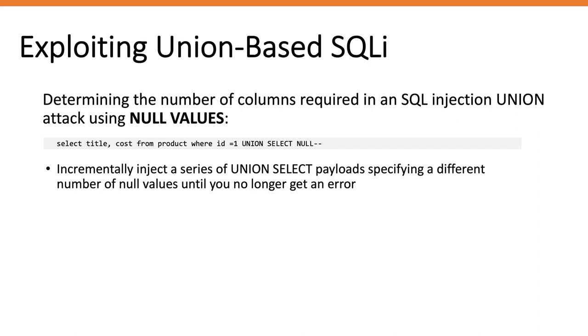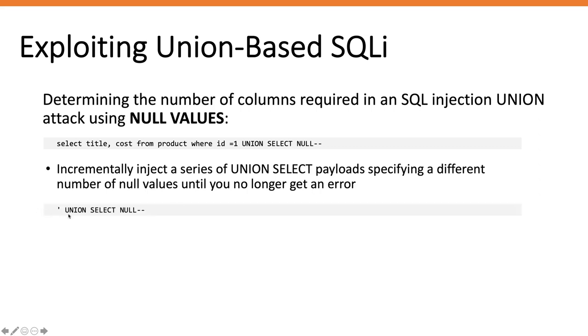Now, because using the union operator requires that this query has the same number of columns as this query, if you don't use the same number of columns, you will get an error. So if you incrementally inject a series of union select payloads specifying a different number of null values until you no longer get an error, then you could figure out the number of columns that are required by a SQL injection.